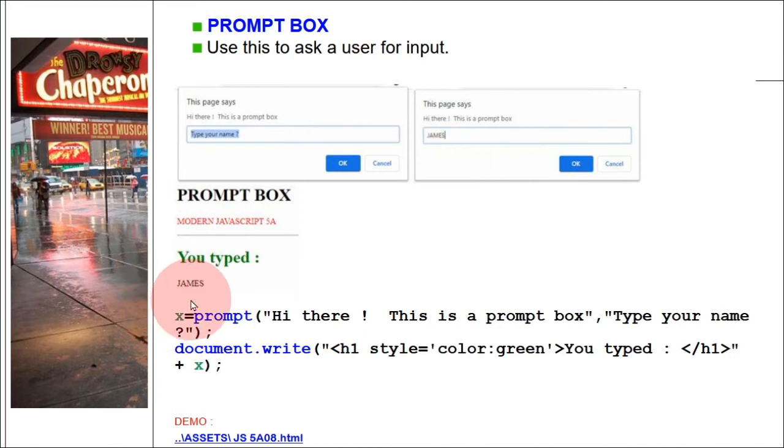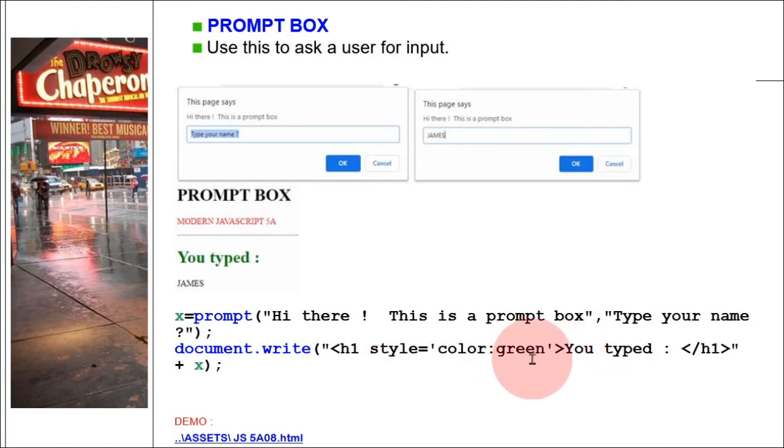What you get on the output is whatever you typed in, printed out on the screen in this example. The way you would do this in code is x equals prompt, that's your Windows dialog prompt, and you give it a string, the message you want in the window.